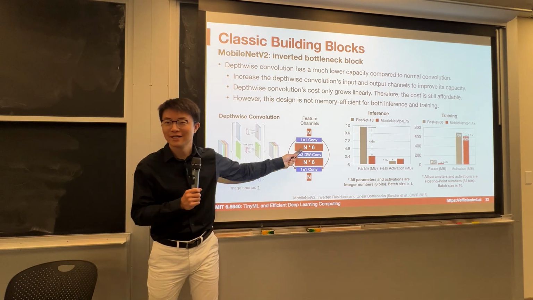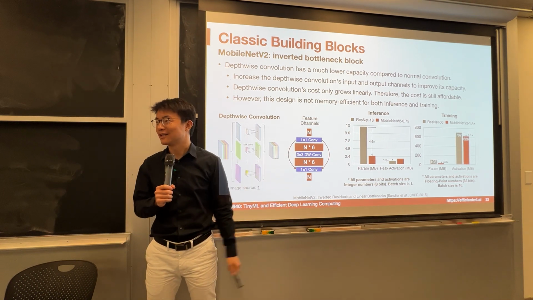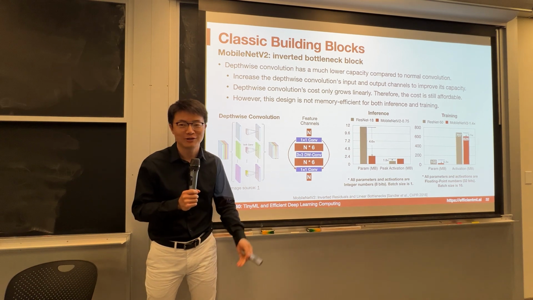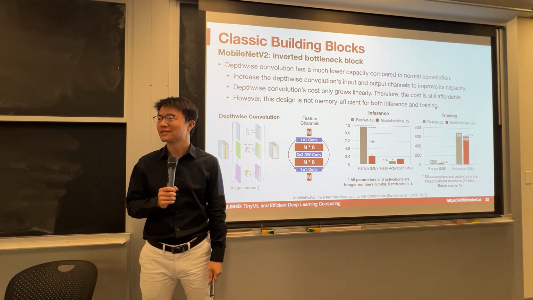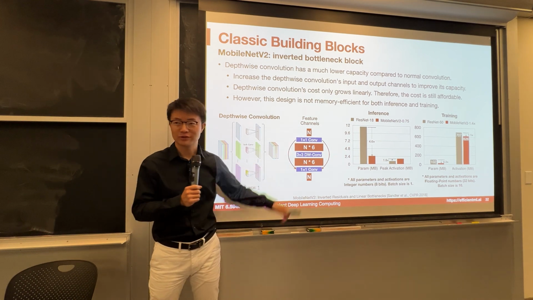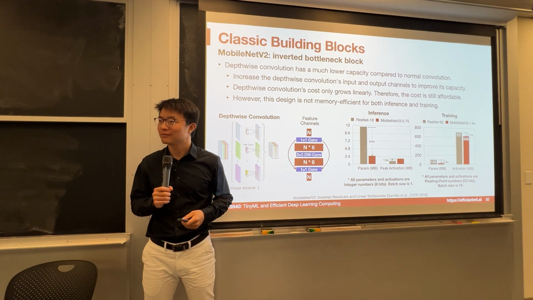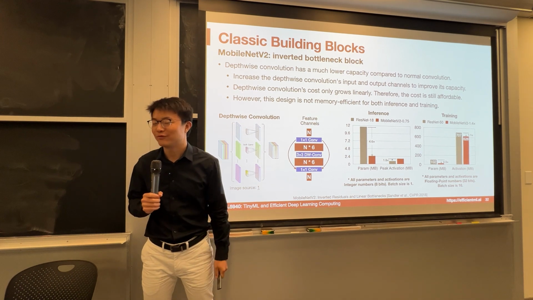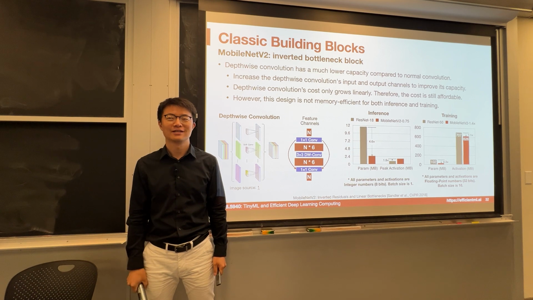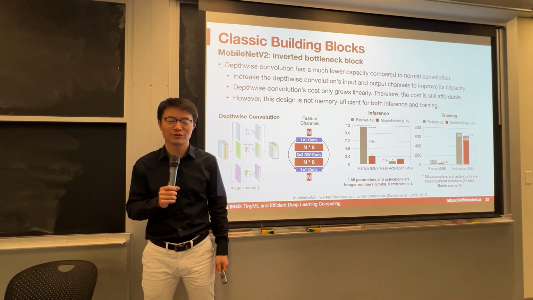Look at this, 6N, right? The number of channels is increased by 6 times compared with the original number of channels. What about the bottleneck? It decreased by 4 times, and altogether they differ by 24 times.